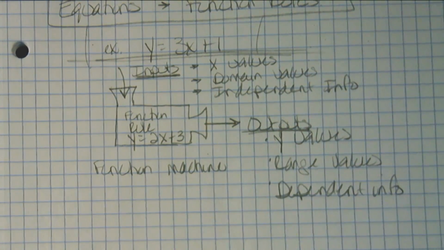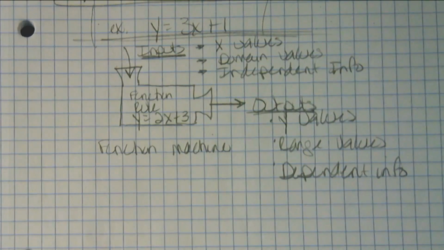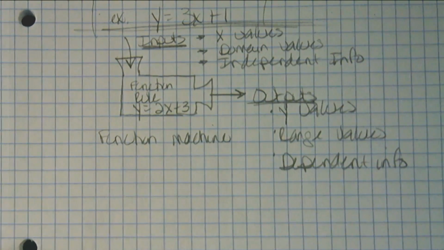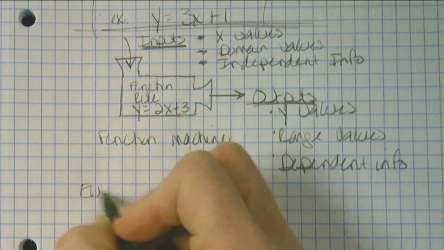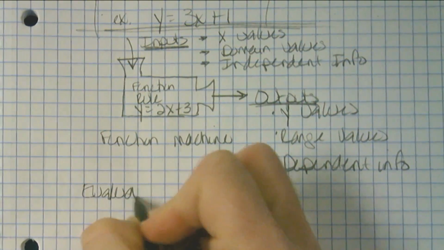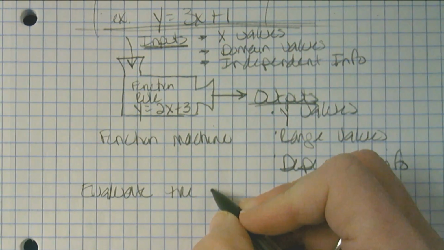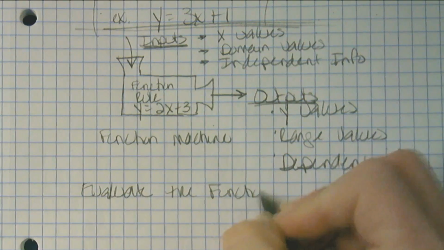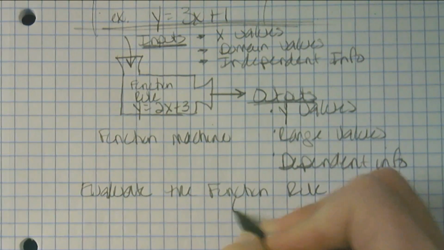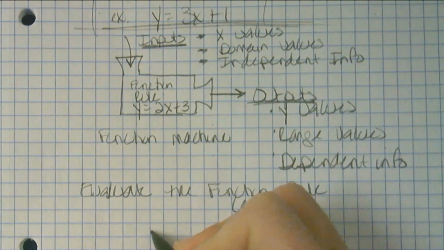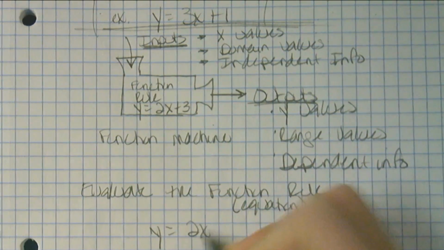Okay. All right, so what I want us to do is evaluate this function, making a table. I want to evaluate the function rule, which just means equation, y equals 2x plus 3.